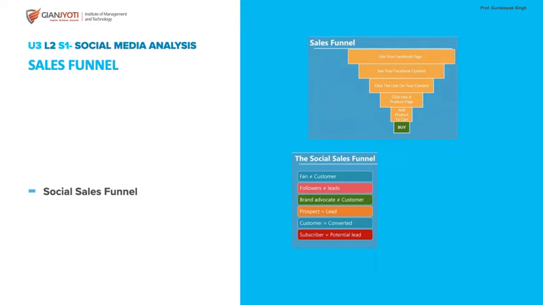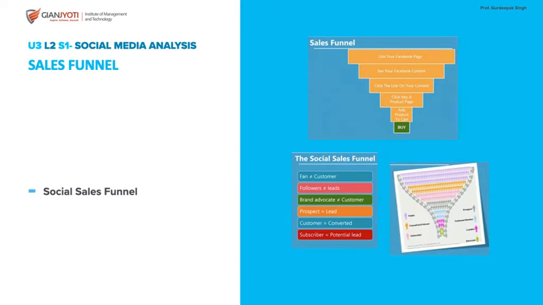Now, remember, in the sales funnel for social media, a fan is not a customer, a follower is not a lead, a brand advocate is not a customer. The lead is the prospect, the customer is the one who has been converted, and the subscriber is the potential lead.